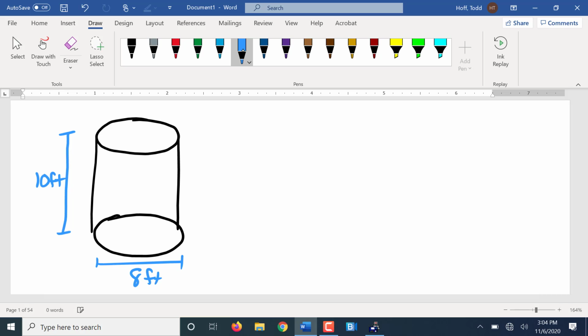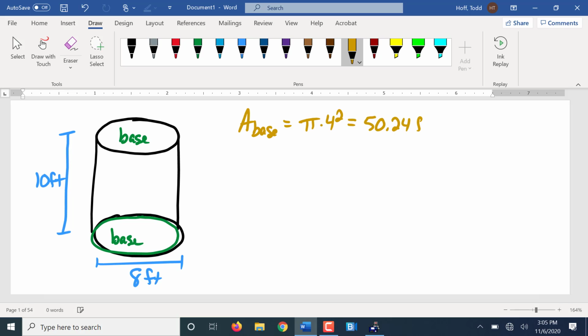10 feet high. Now remember, the base is the shape that the whole solid object is created from. If I were to take the bottom of this and kind of lift it up, it would slide through the whole object. So the circle at the bottom is the base. Of course, the top is also that base. So the area of the base is 3.14 times 4 squared, or 50.24 square feet.